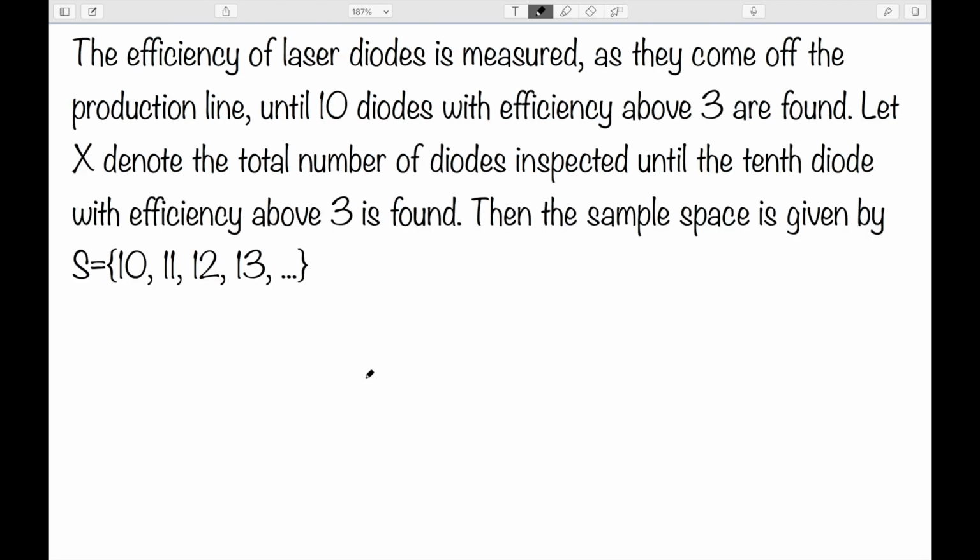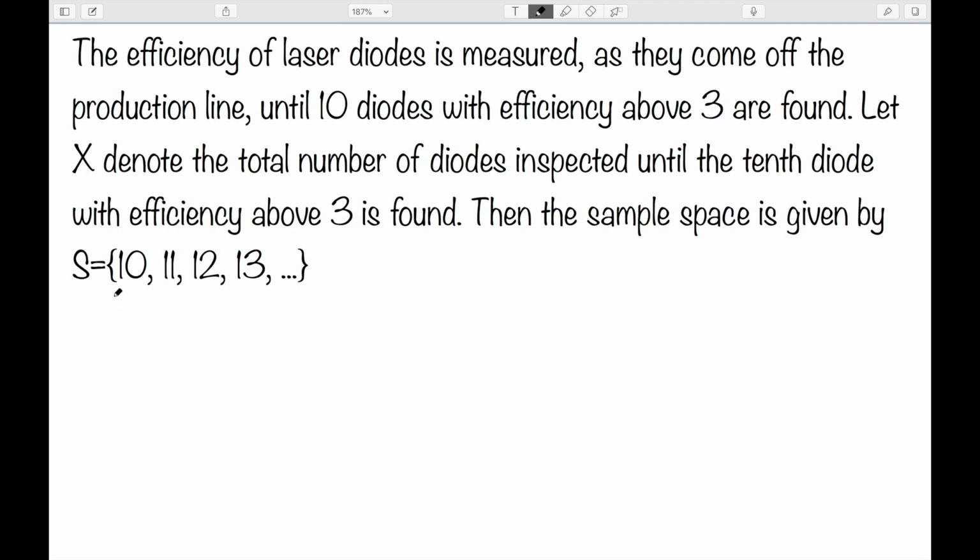This time, the efficiency of laser diodes is measured as they come off the production line until 10 diodes with efficiency above 3 are found. We want X to denote the total number of diodes inspected until the 10th diode with efficiency above 3 is found. Then my sample space is going to be 10, 11, 12, 13, 14, etc. It would exclude 9 because the 9th one could not be finding 10 above 3.